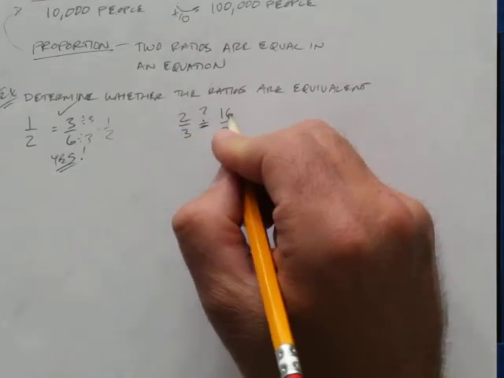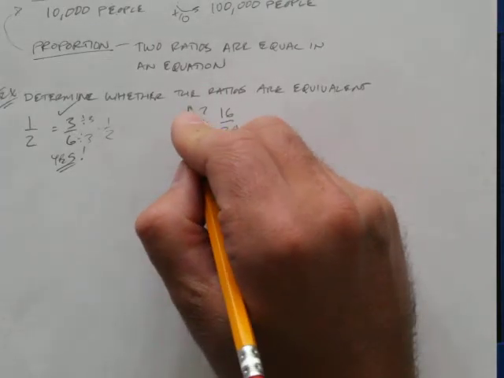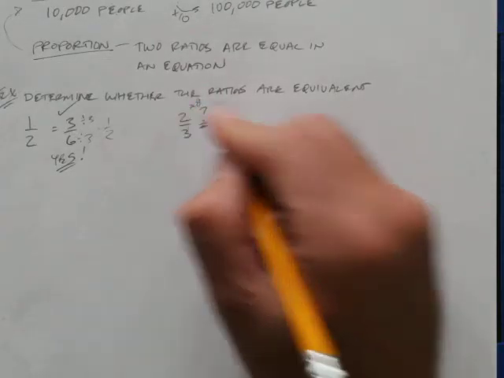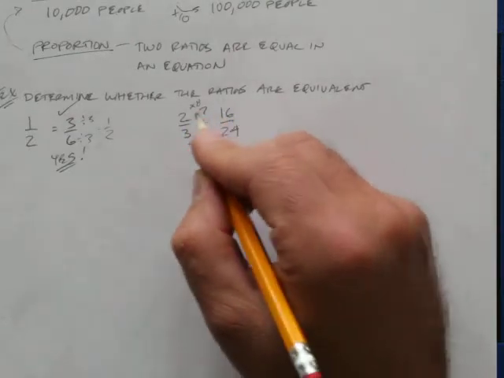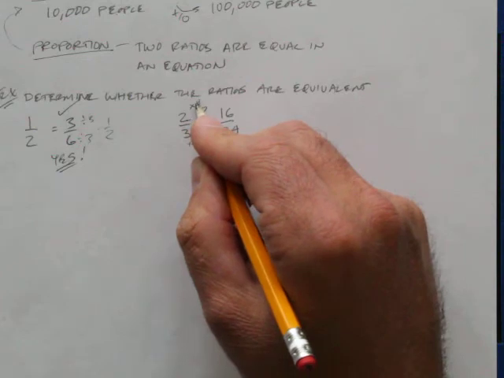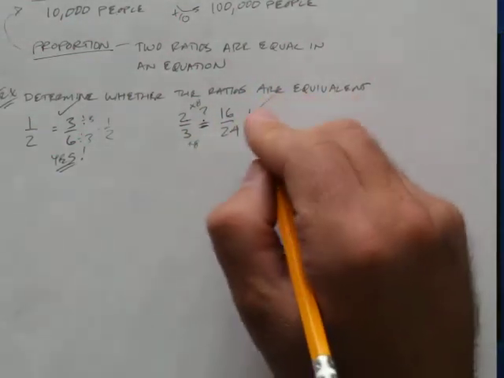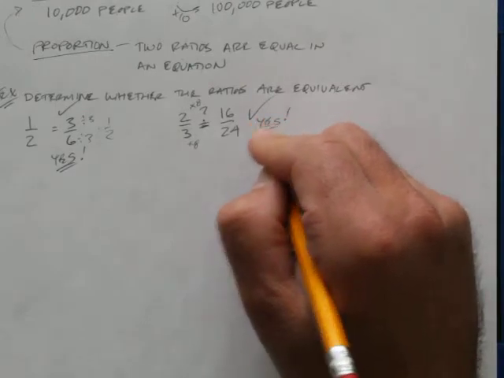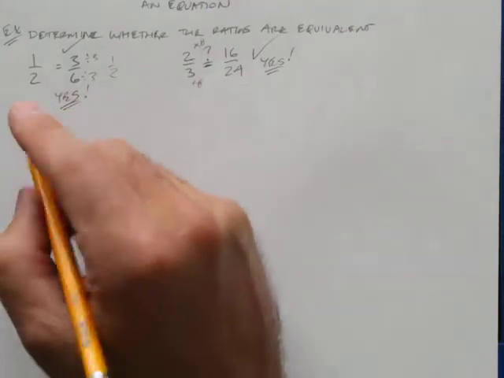What does it take to get from 2 to 16? I can multiply by 8. And so what I do to the bottom, I do to the top. 3 times 8 is 24, oh good. Yes, these are equivalent.